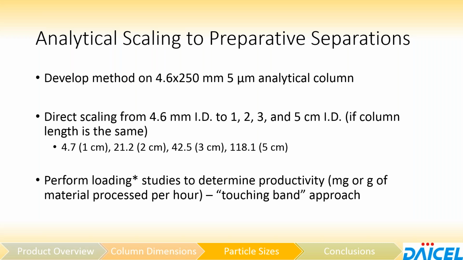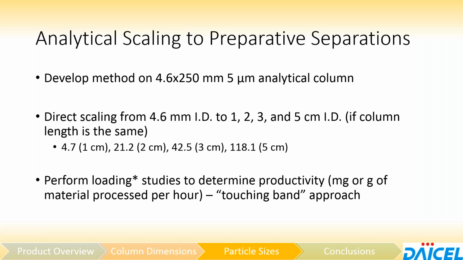And if you perform a loading study to determine the productivity in either milligrams or grams of material processed per hour, you can figure out what your loading is on your analytical column and then gauge pretty accurately what size column you need for the preparative scale separation that you're planning on doing.